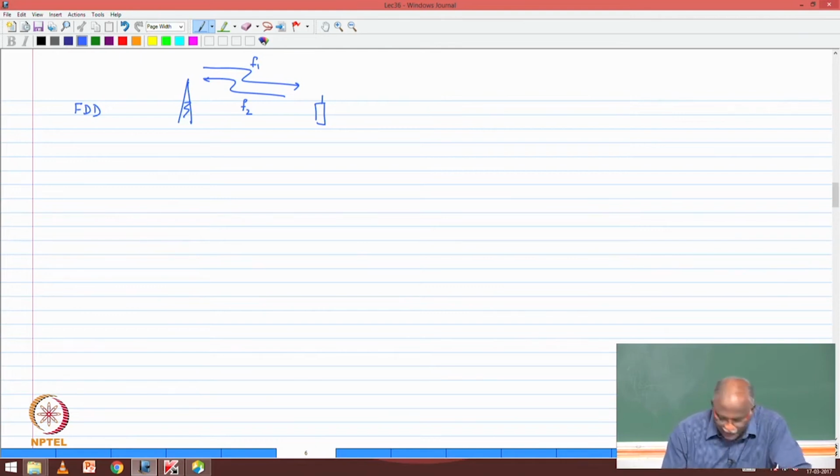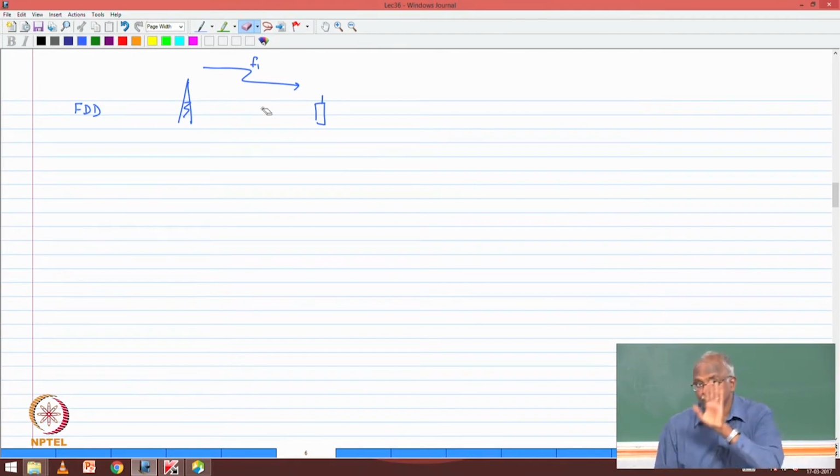So when I look at the information, I am not going to worry about F2 for the moment. I am going to remove F2 from the picture. Okay, keep in mind that the uplink is a different frequency. Now, channel state information is an understanding of what is happening in the channel at this frequency F1. Okay? So, CSI at this frequency F1 is what is happening in the channel.